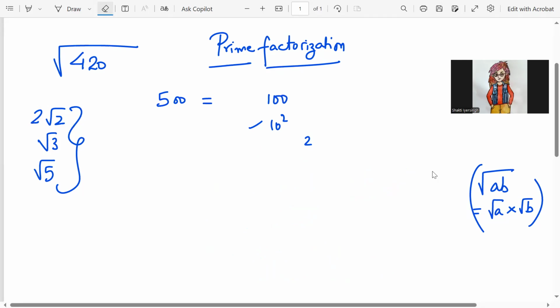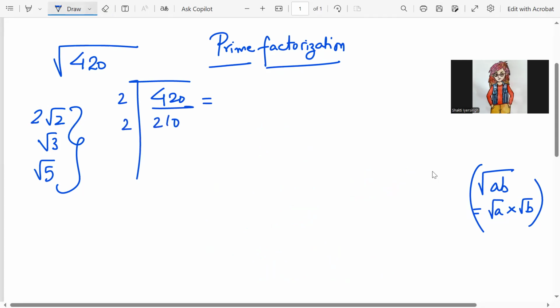All right. So here we go. We have 420 and prime factors of this: 2, 210, 105. This is divisible by 3, 35. 35 is no more divisible by 3, so we go to 5. 5 times 7, and 7 is divisible by 7.